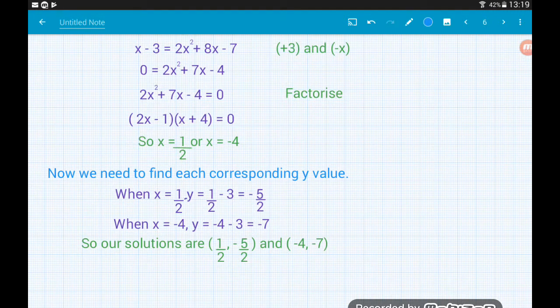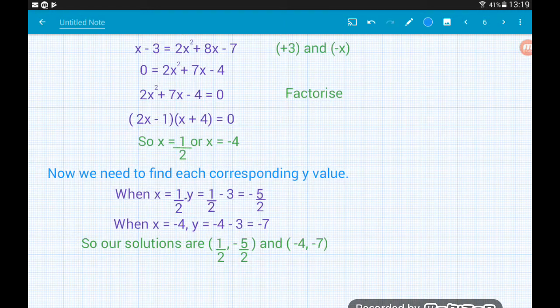Now, I'm much happier when I've got my 0 on the right. If you don't need to be that picky, don't worry about this step. I always think it's nicer though to have the 0 on the right, so I've just switched sides. Again, remember we can do that because the two things are exactly equal. It doesn't matter which way we say that they are equal. Five pounds is equal to five pound coins, and five pound coins is equal to a five pound note.